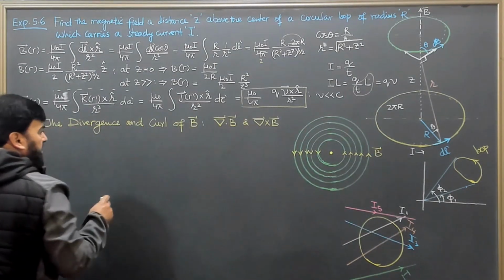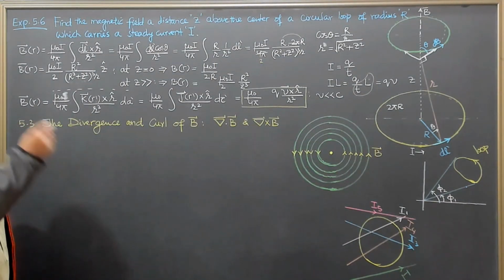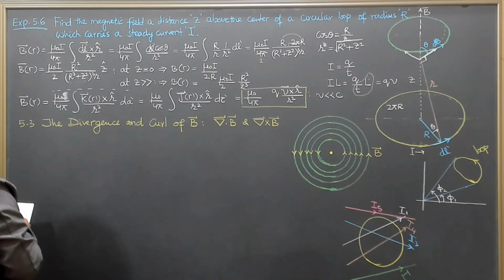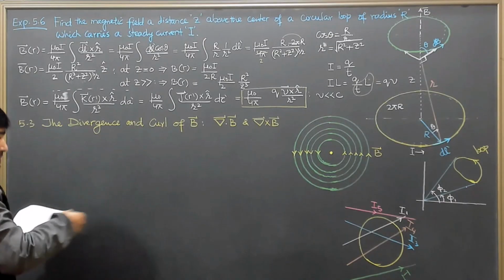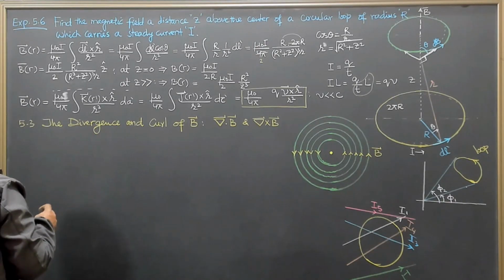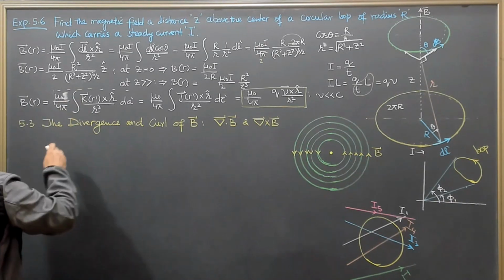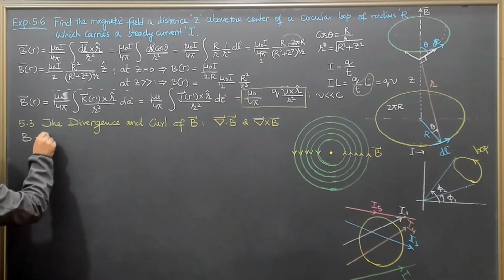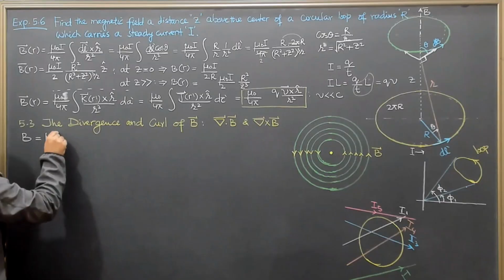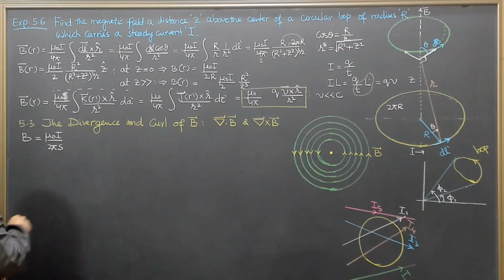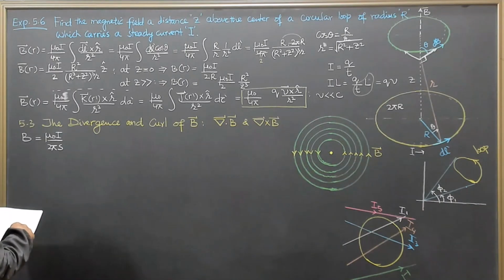So the magnetic field around a closed path, of radius s, meaning the radius of the circle on which we are going, is B equal to mu naught I over 2 pi s. This is the value of the magnetic field.